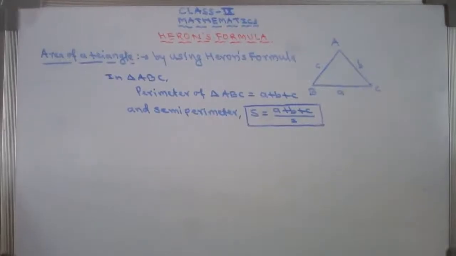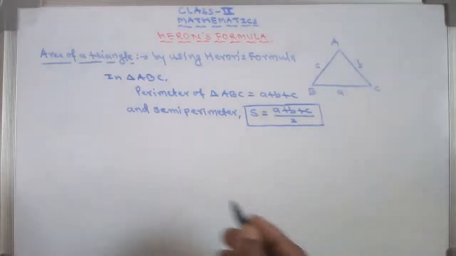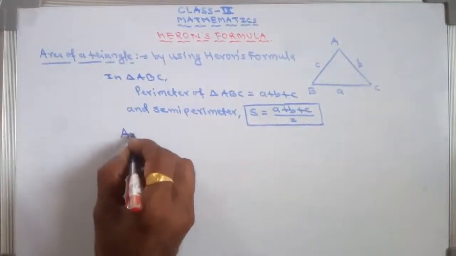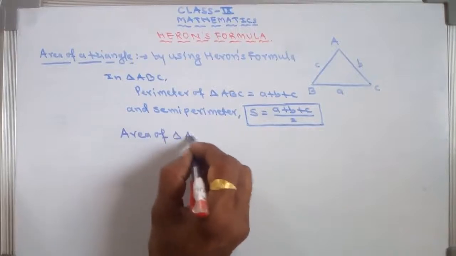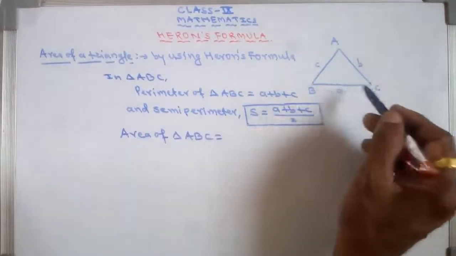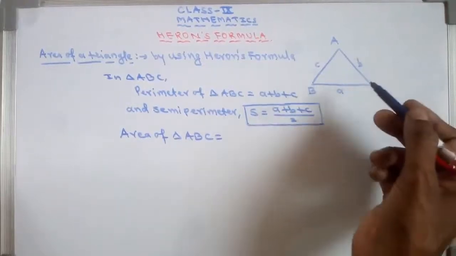Now the formula given by Heron about the area of the triangle is also known as Heron's formula. And what is that formula? He has given the formula directly. Area of triangle ABC, where the three sides are known to you but you don't know the height of that triangle.